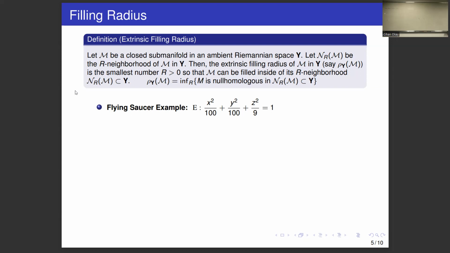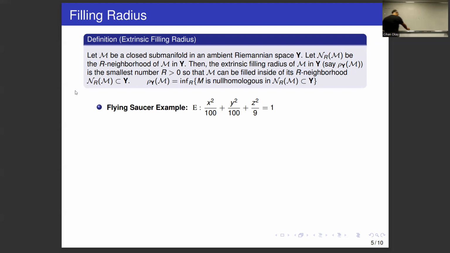If non-oriented, I'm going to use Z_2 coefficients, etc. Let's say I have a k-dimensional manifold in R^n. The k-dimensional homology is non-trivial because it's a closed manifold. And my question is, okay, this guy is non-trivial. So what is the first time it becomes homologically trivial in the r-neighborhood? So I am increasing r-neighborhoods.